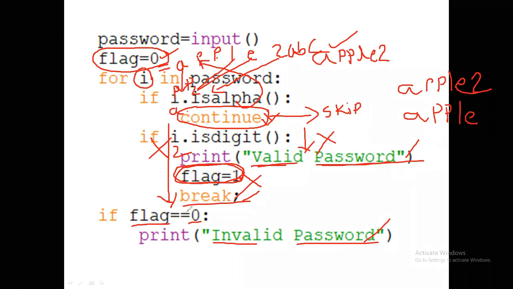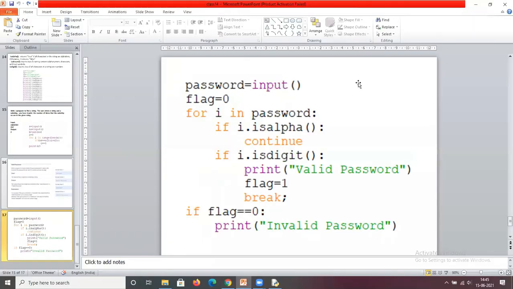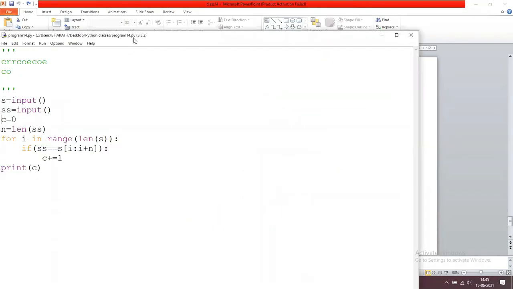So if the flag equals 0, then it is an invalid password. Otherwise, when any digit is encountered, we enter the block, print valid password and make the flag 1. I hope everyone understands.